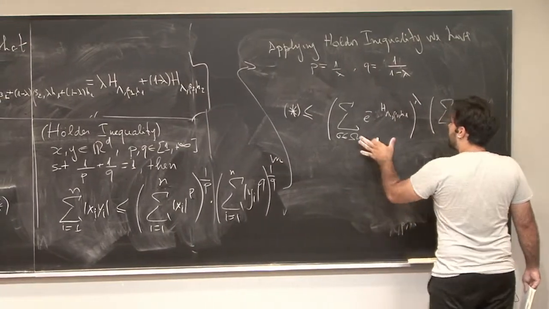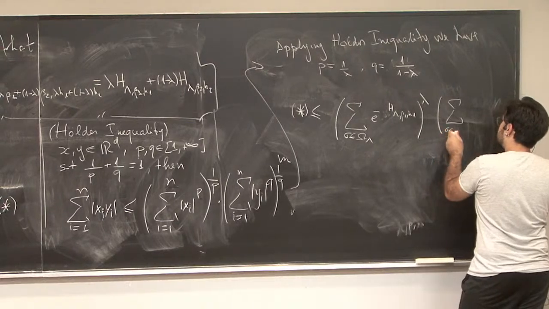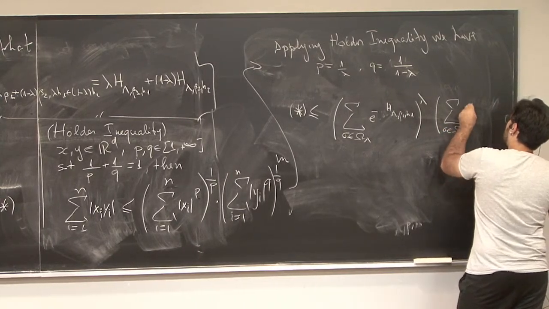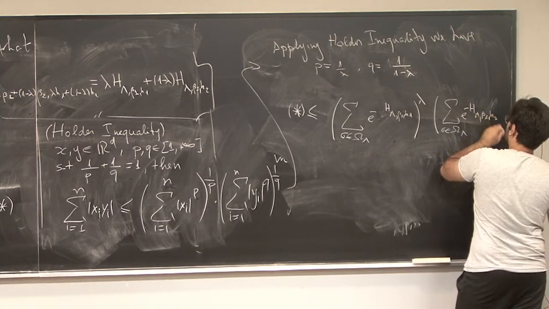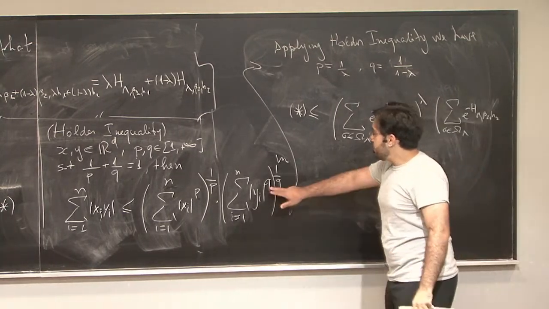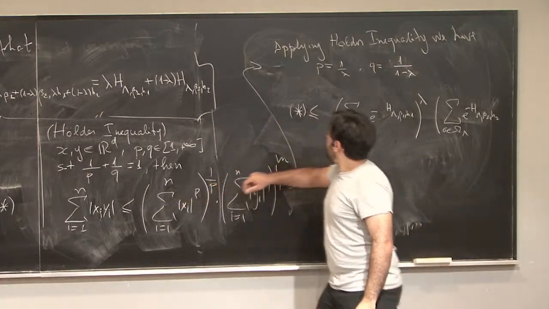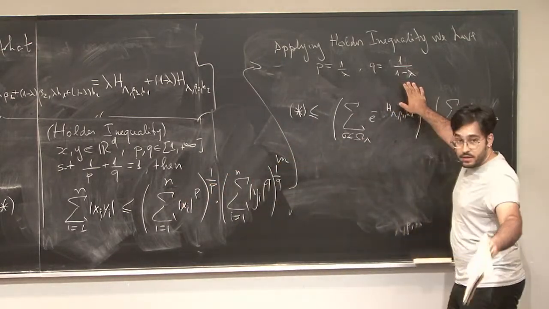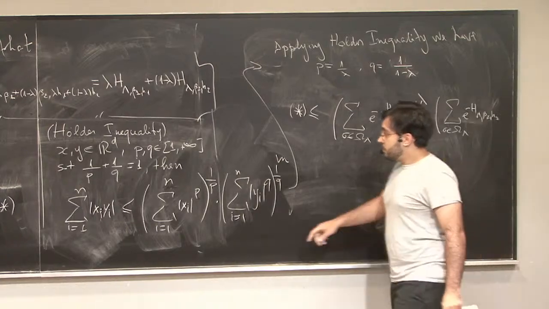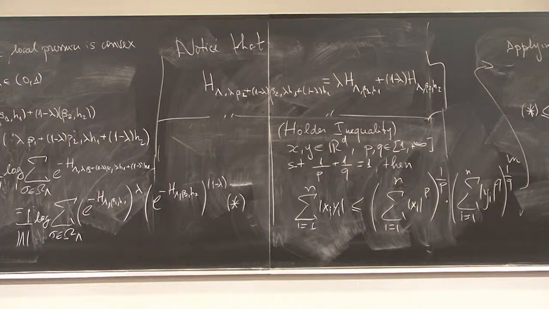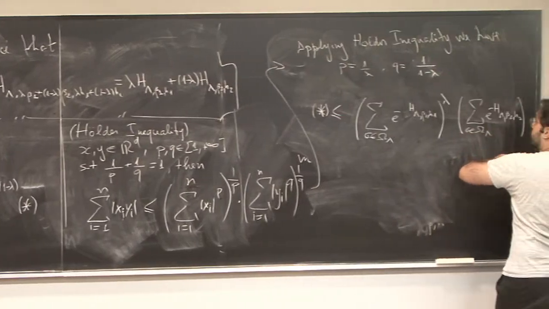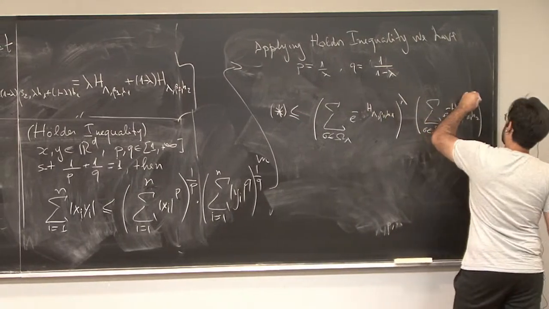Okay, so going back to the sum, we have this here, 1 minus lambda beta 2 h2. And again, the same thing happens. The Q is like this, like Kelvin noticed. And then you kill this part right here, and then you take this to the power 1 over Q. That will be exactly 1 minus lambda.